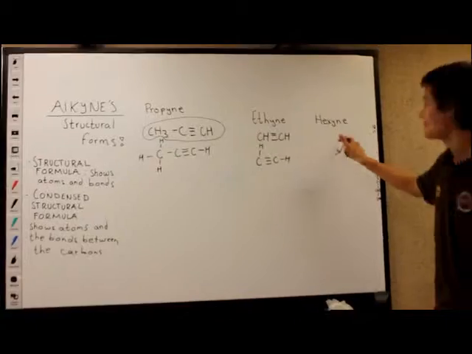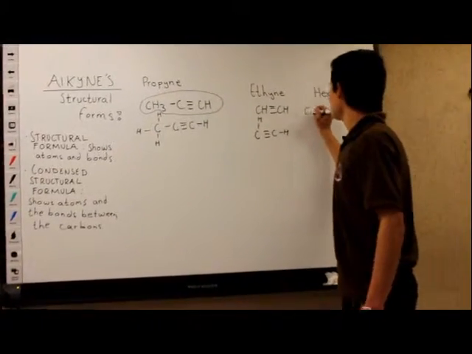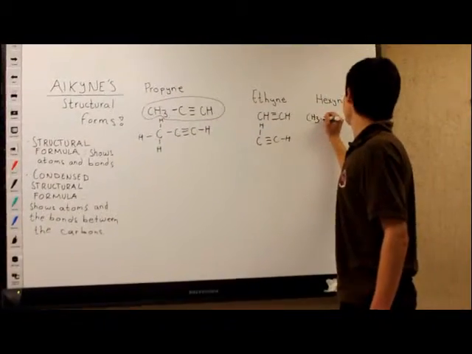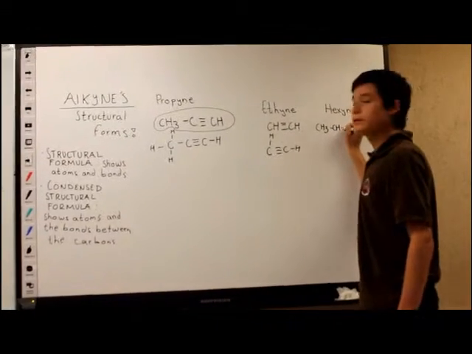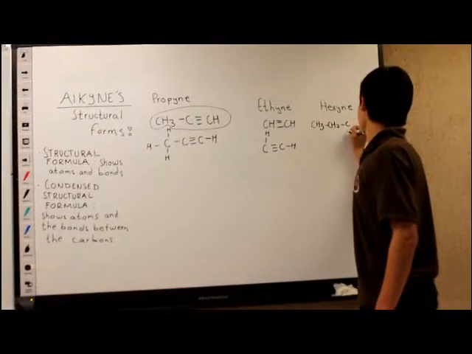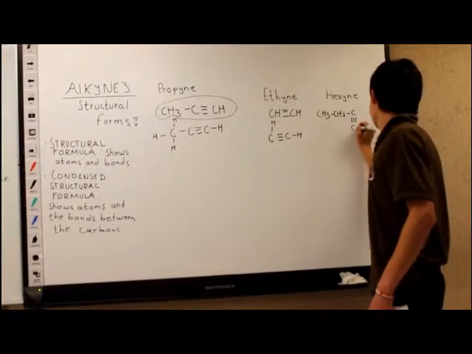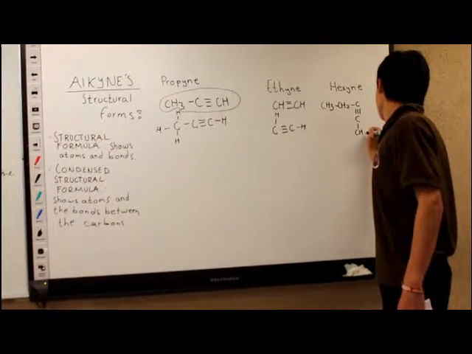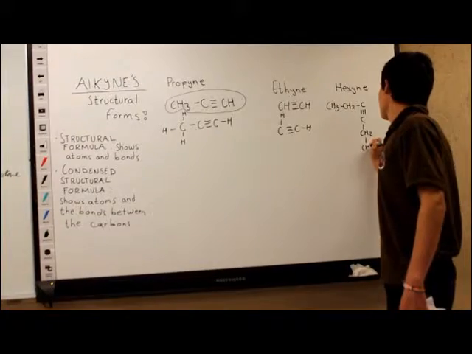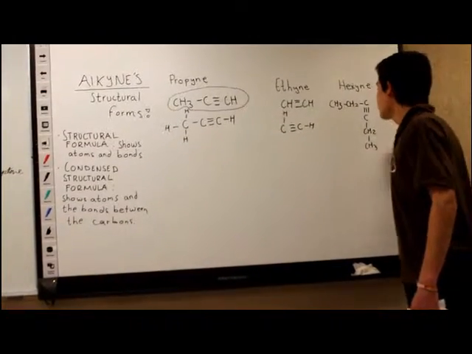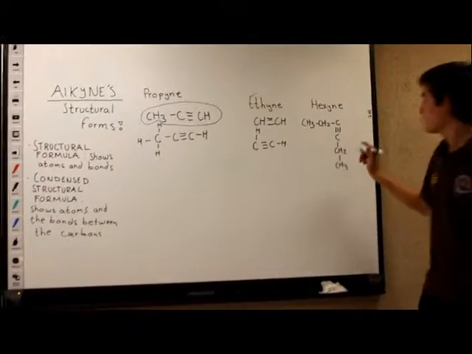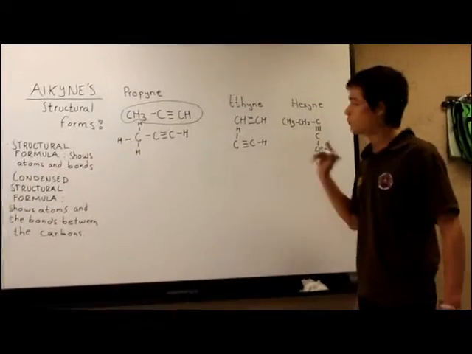Another example: hexyne. The condensed structural formula for hexyne is this one. Here's the triple bond. You just see the triple bond here. Well, and the structural formula is the following.